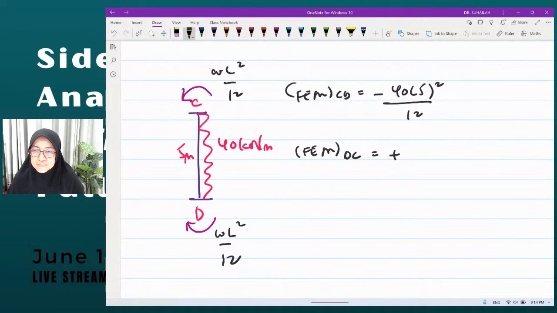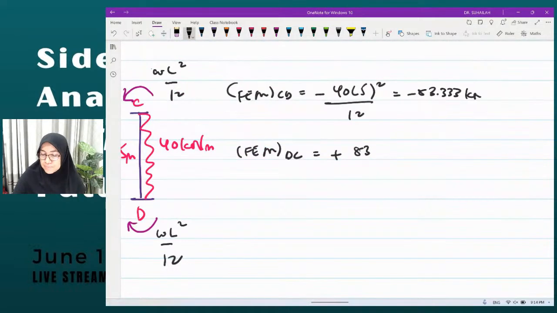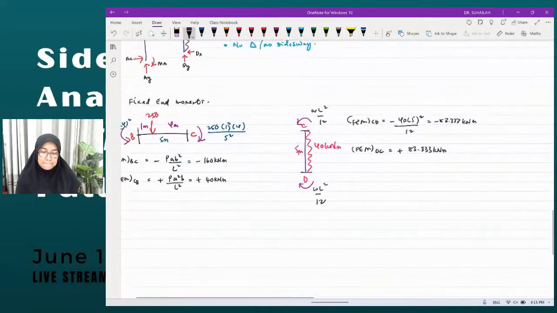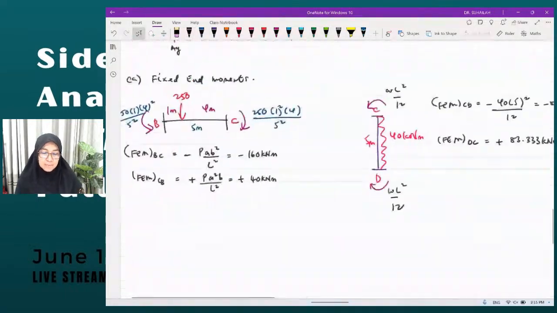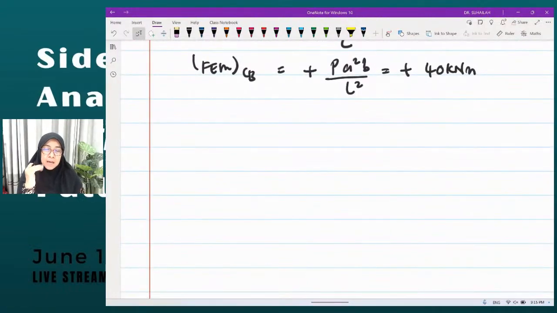What is the answer? 40 times 25 divided by 12 for FEM CD. What is the value? 83.333. So negative 83.333 kilonewton meter. Okay. So this is the fixed end moment.